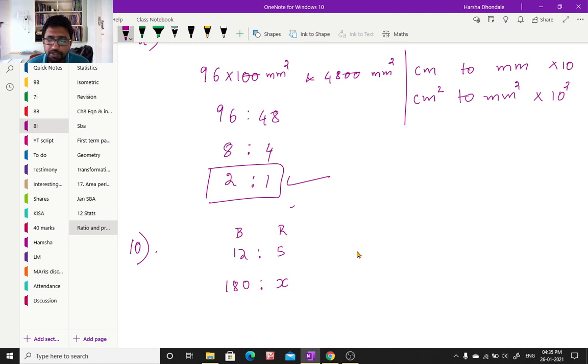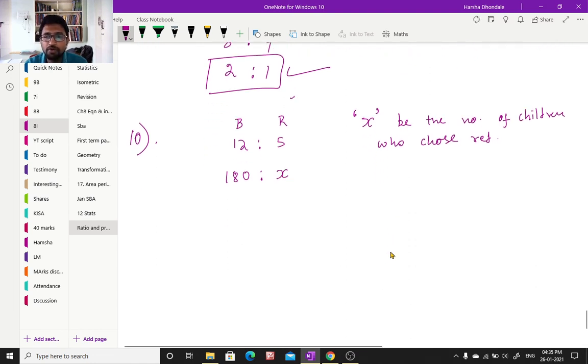All right, now here you write: let X be the number of children who chose red.